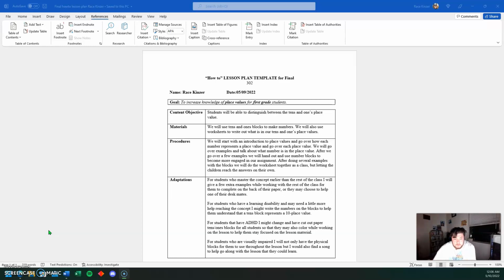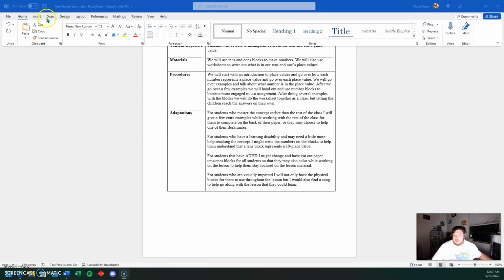I will also hand out blocks for the students to use and a sheet guide. We will go over this as a class together, and then I will have each student break up individually to do their own part of their learning while I walk around the class answering questions.